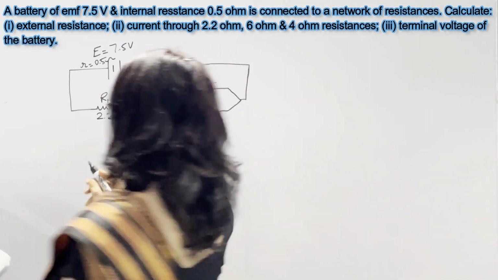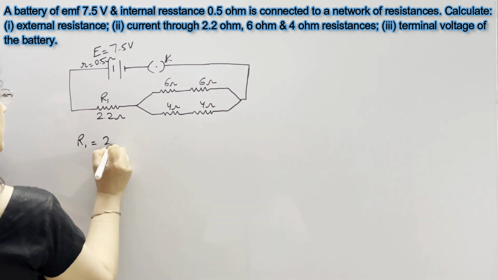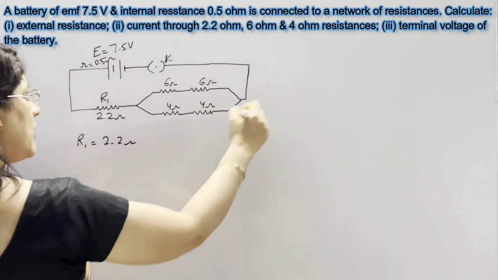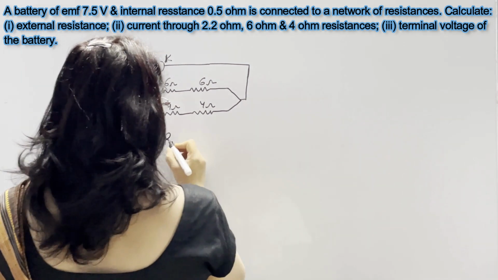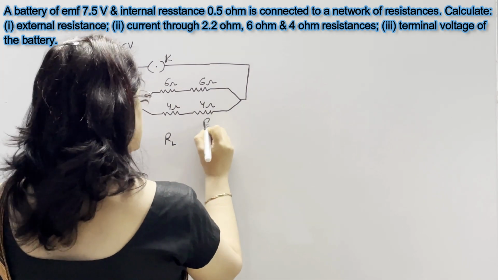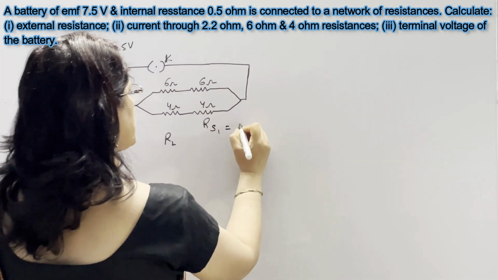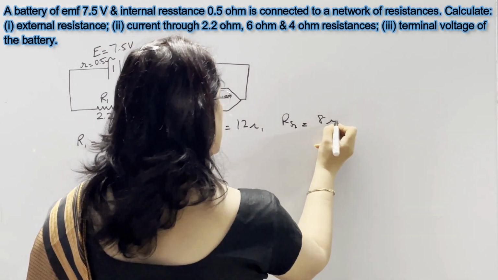So for the first part we are assuming that this is R1 resistance, R1 is equal to 2.2 ohm and this parallel combination is R2. For this parallel combination first we need to calculate this series combination. So RS1 is 6 plus 6, it means 12 ohm. Then RS2 is 4 plus 4, it means 8 ohm.